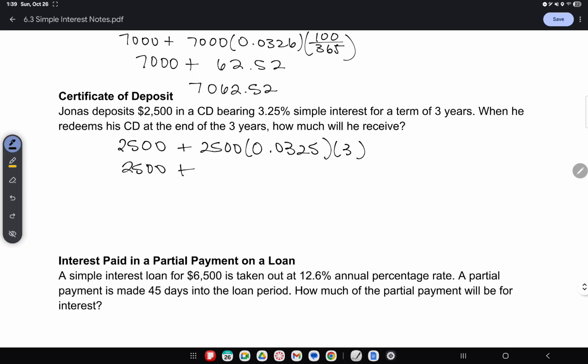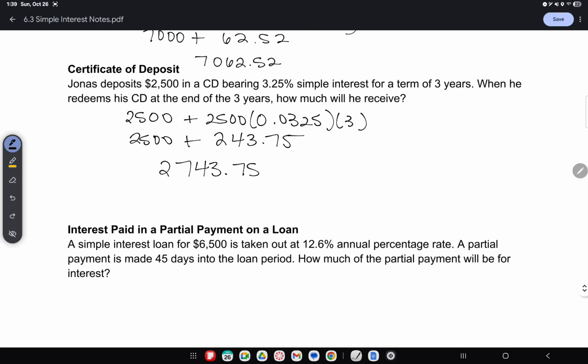If you want to plug this in the calculator all in one step, that's totally fine. I've always broken it up. So then adding these two, we get $2,743.75.